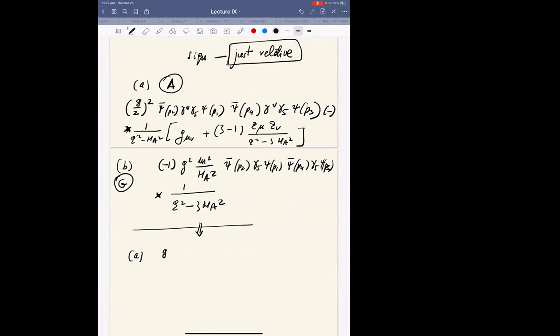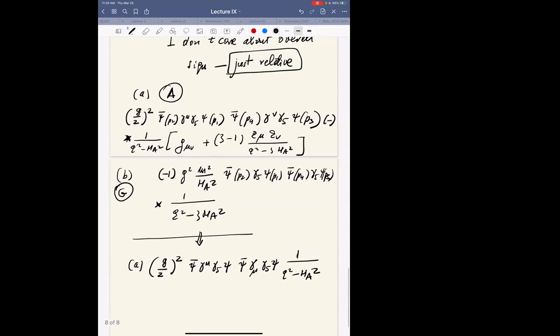So let me write it separately and then I'll forget it for a while. It's (g over 2) squared. There is no momentum flowing in the propagator, so I can simply write psi bar, gamma mu, gamma 5, psi, psi bar, gamma mu, gamma 5, psi. Now the momentum precisely is irrelevant, and I have 1 over q squared minus M_A squared. This is one piece coming from here.